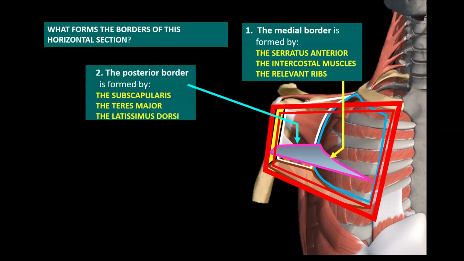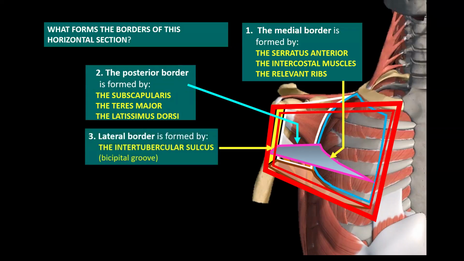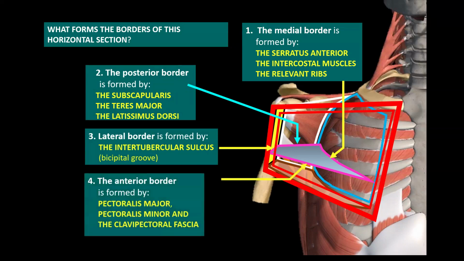The posterior border is formed by the subscapularis, the teres major, and the latissimus dorsi. 3. The lateral border is formed by the intertubercular sulcus, or bicipital groove. 4. The anterior border is formed by the pectoralis major, the pectoralis minor, and the clavipectoral fascia.